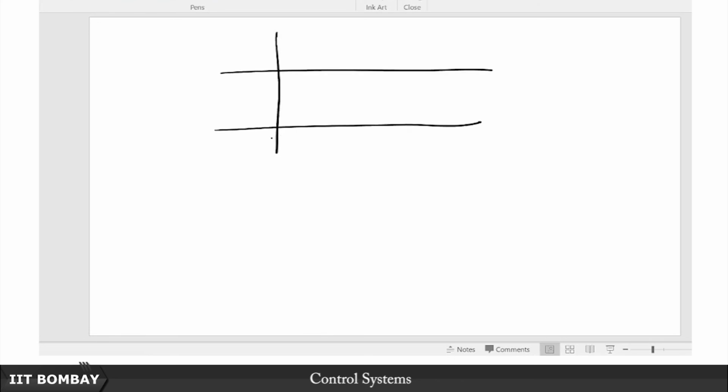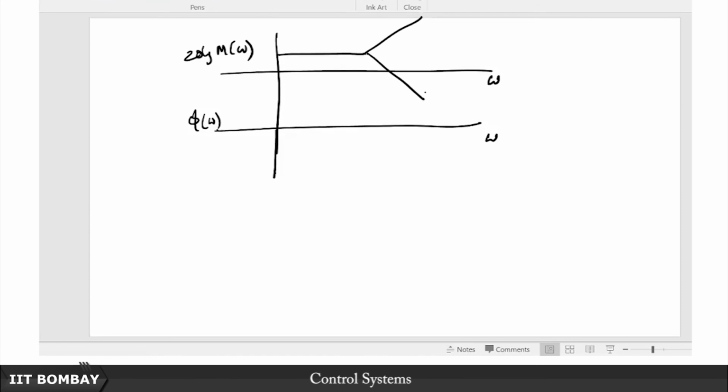So, to summarize, what we have seen is that as you draw the magnitude and the phase plot for this complex pole pair, this is omega, this is 20 log M(omega) and this is phi(omega). To summarize our discussions, the magnitude function, of course, you draw this 40 dB per decade, this is minus 40 dB per decade, that is the asymptotic approximation.